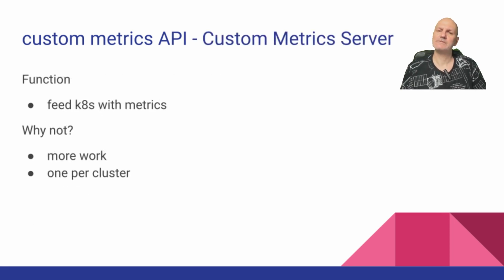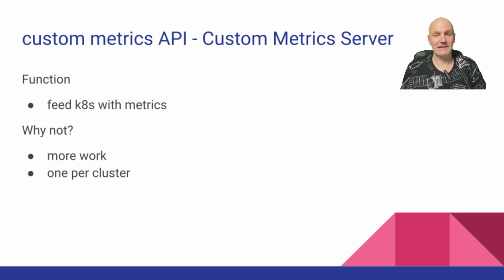One way to add Custom Metrics API support in your cluster is to develop your own custom metric server. The function of this program is to feed the Kubernetes with application-specific custom metric values. The obvious disadvantage of this approach is that we need to create another software component that has to be versioned, maintained, tested, and so on.